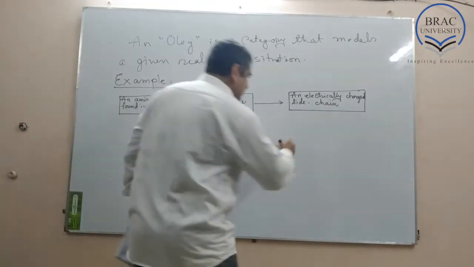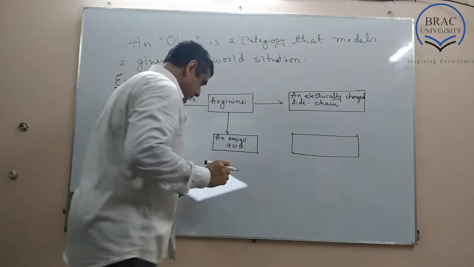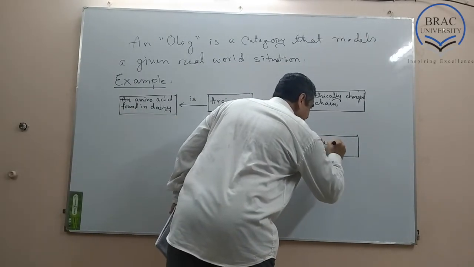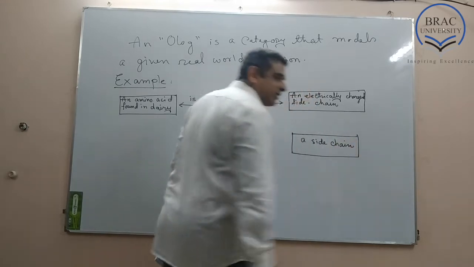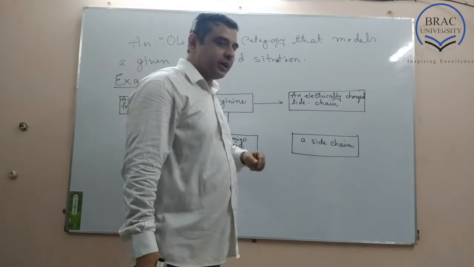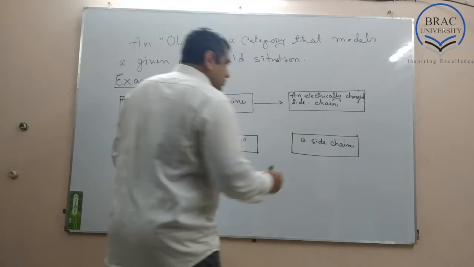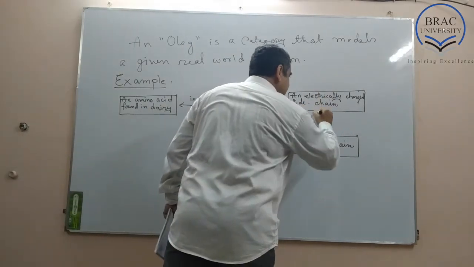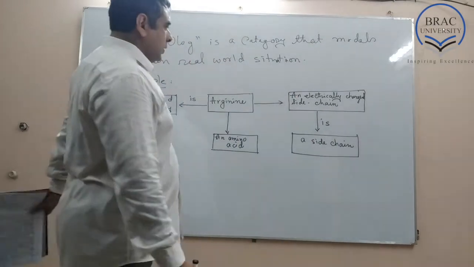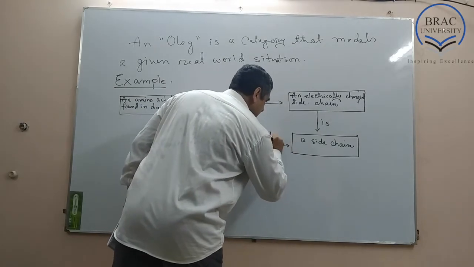And there is another box to the right of this bottom box, which is a side chain. There can be many side chains. One of them is of the type called electrically charged side chain. And of course, an electrically charged side chain is a side chain. And an amino acid also has a side chain.